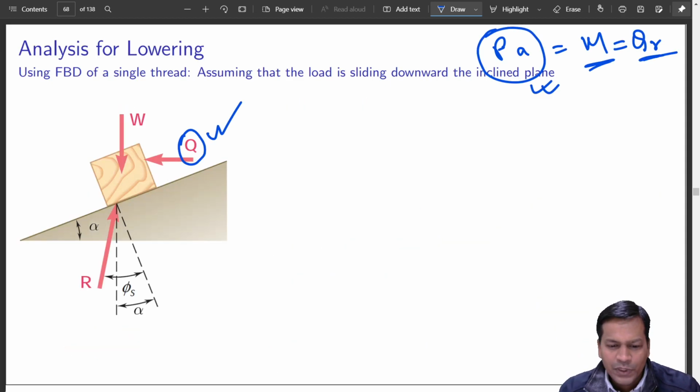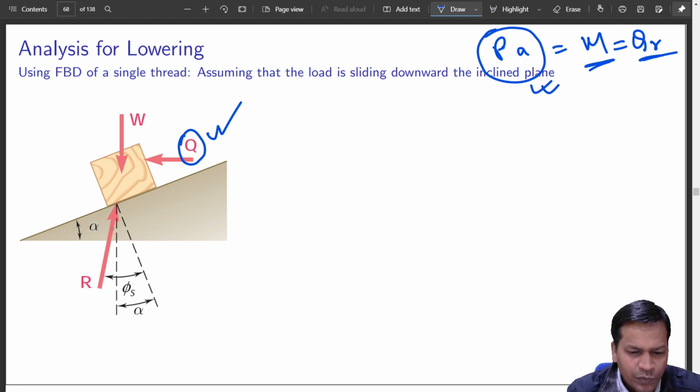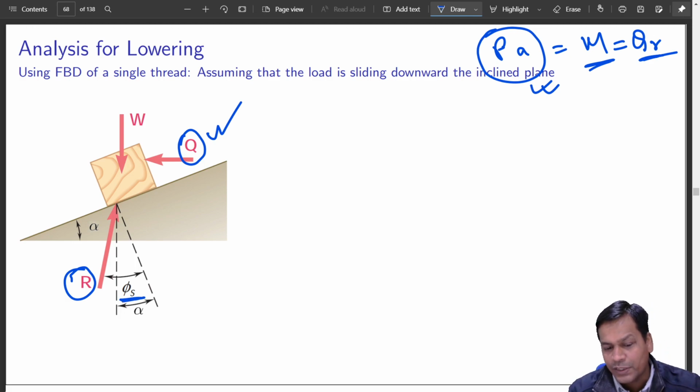So again we'll start moving now. This is your block which is moving downwards now. This time friction will be from the opposite side. So this is your static friction angle, this is your alpha. Got it?